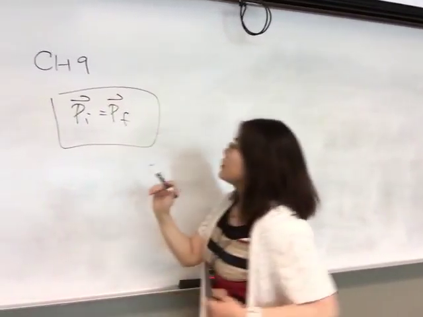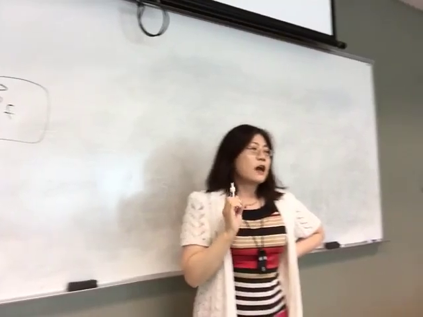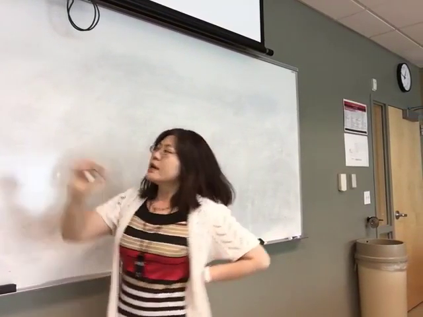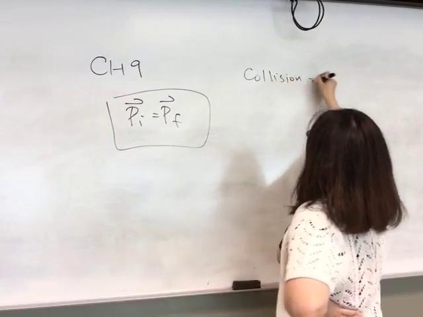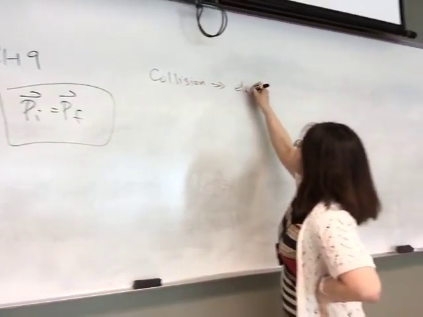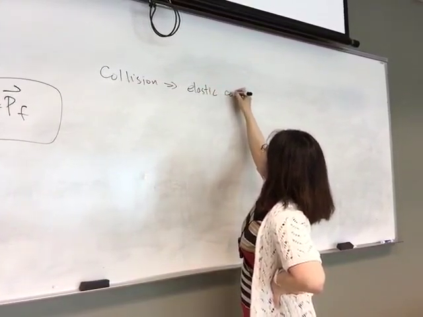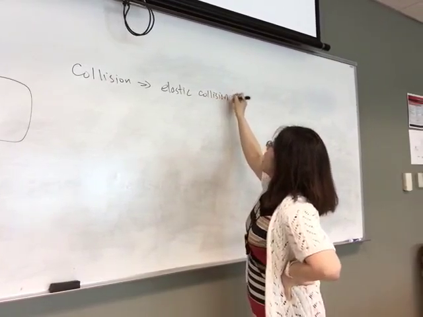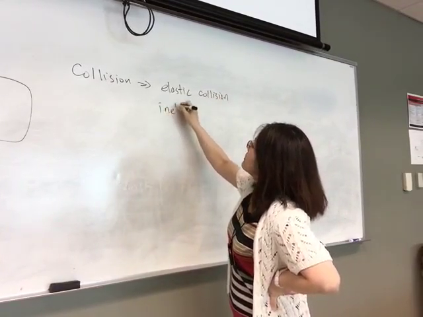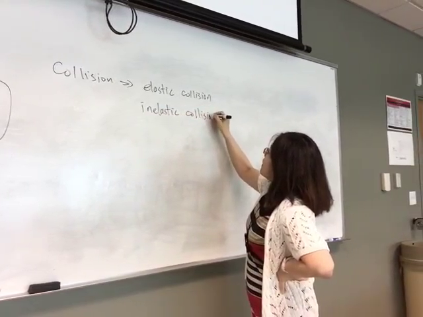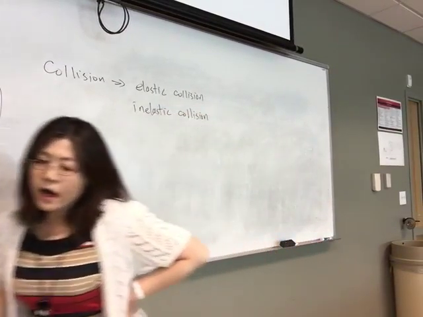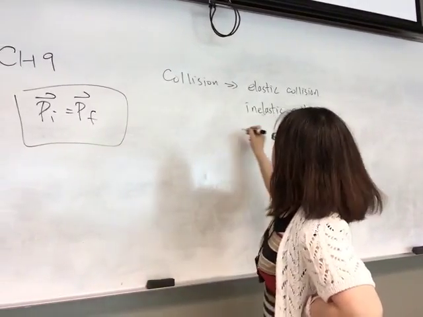Before I show you an example, I want to say that there are three different types of collision. We classify collisions into elastic collision, inelastic collision, and what we call the completely inelastic collision.